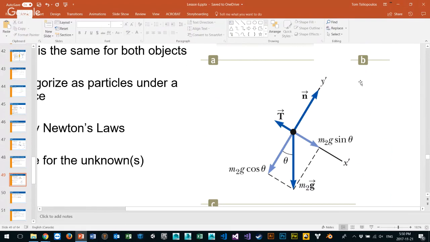Then you take the mass times gravity, mass 2 times gravity, with sine theta to find the x component, and mass 2 times gravity with cos theta to find the other component, until you find the total net force m2g, which is this middle one right here, across this object. Notice that this object has another component going up this way, and this would be the tension, the wire that's resisting, because there's a resistance because of the other mass.